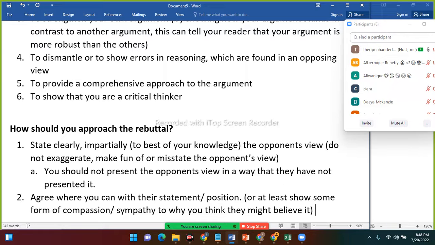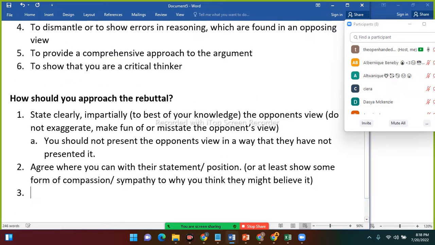All right, so the next thing, after you finish stating clearly that position and agreeing with them where you can with that statement, the next thing that you want to do, and you must do this very strongly, you must state exactly why their reasoning is wrong.